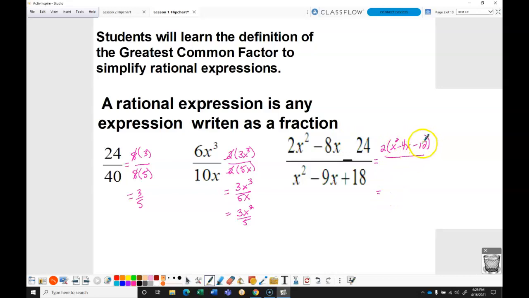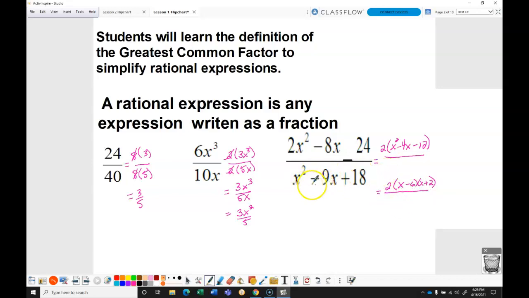I need two numbers that multiply to negative 12, but add up to negative 4. I'm thinking negative 6 and positive 2. So I'm saying x minus 6, x plus 2. Okay, so that looks like the numerator.